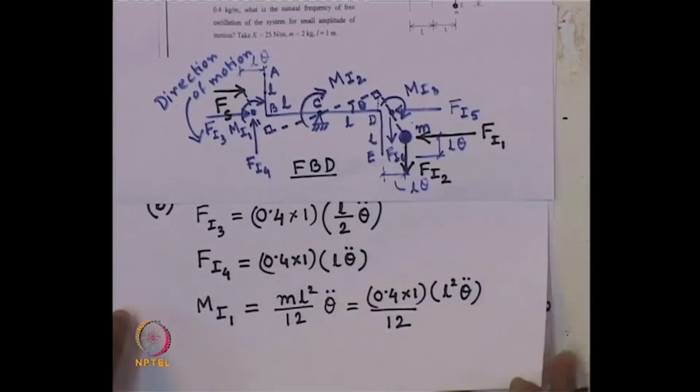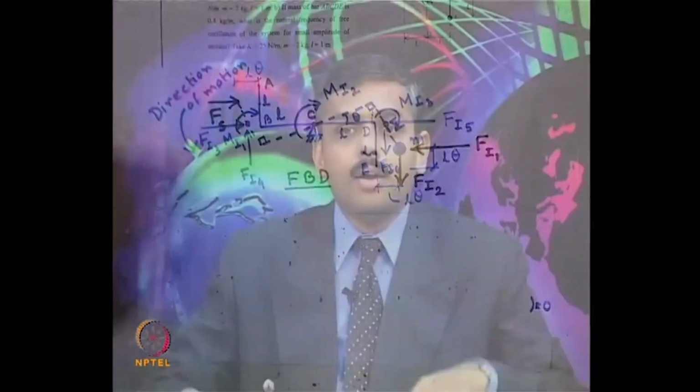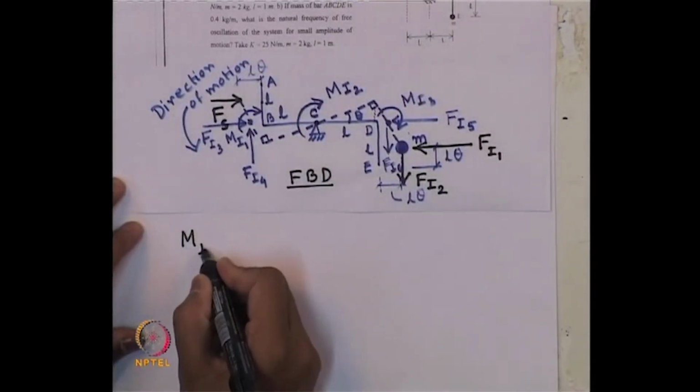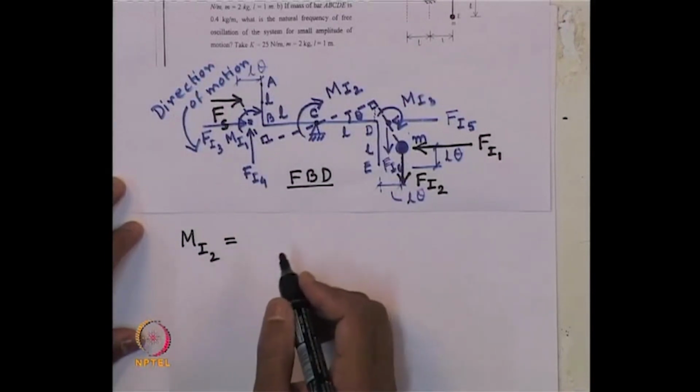Now, let us see what are the other new inertia forces which we have introduced. For the central bar, that is BCD, we have only m I 2. How much is m I 2?